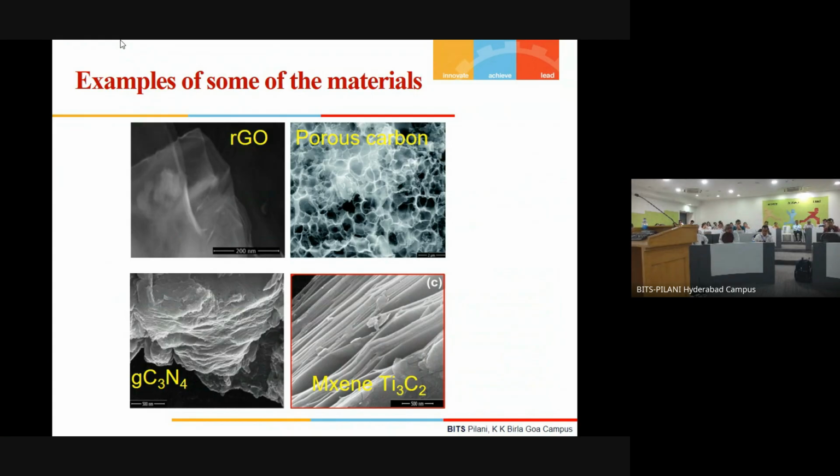Depending upon how you play with these functional groups and the spacing, several hundreds of MXenes are possible. The very popular method to make MXene is from the MAX phase, which is titanium aluminum carbide, and by an etching process you remove the aluminum layer, so you can get the titanium carbide layered structure.